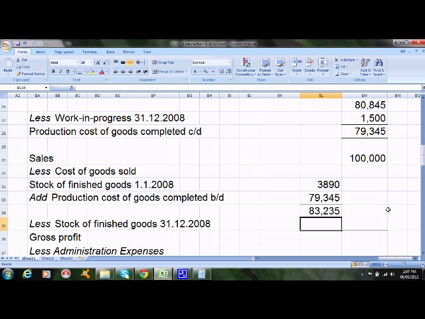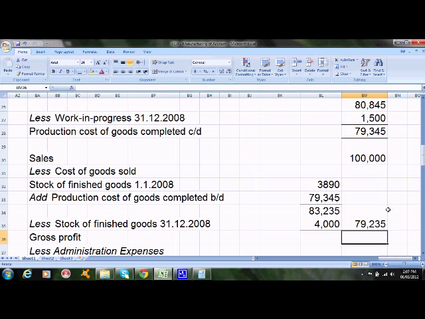After that, now we're going to subtract the closing stock of finished goods. Let's go back to our notes at December 31, 2008. Stock of finished goods is $4,000. We subtract that 4,000 from the 83,235 and we get 79,235.